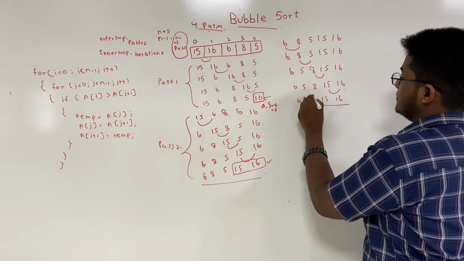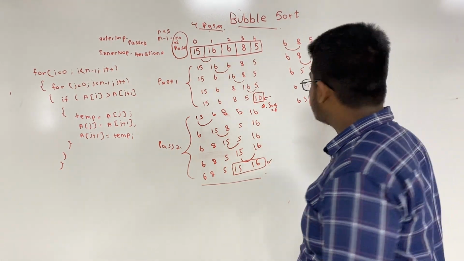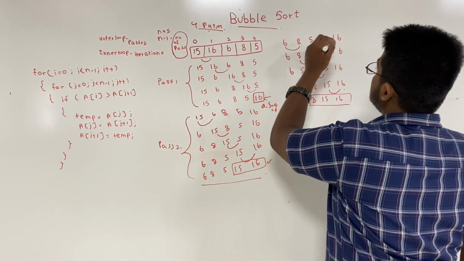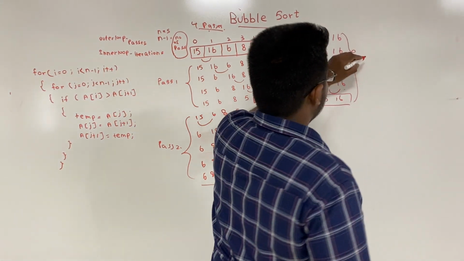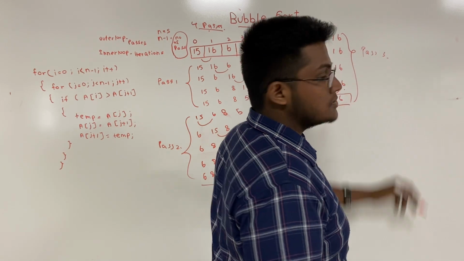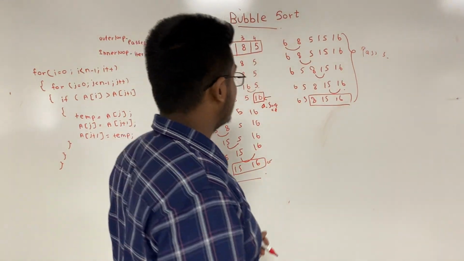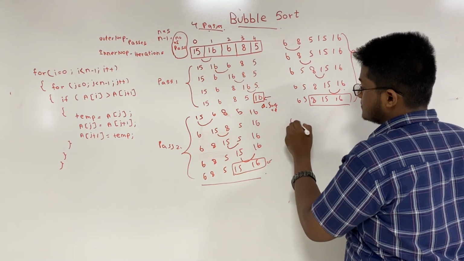Now these three are already sorted. So this is pass 3. So one more pass to go. And now we are taking these numbers.